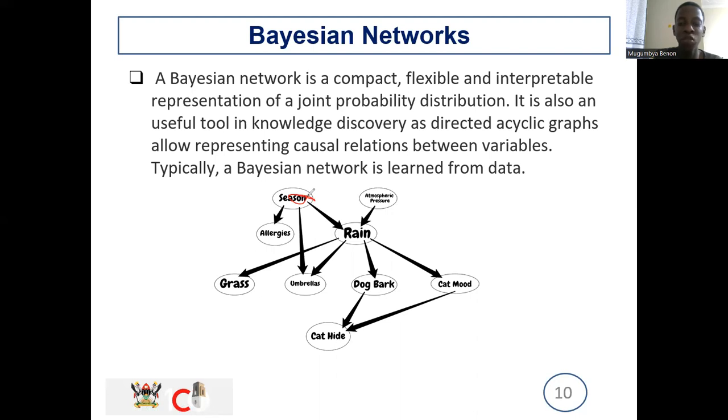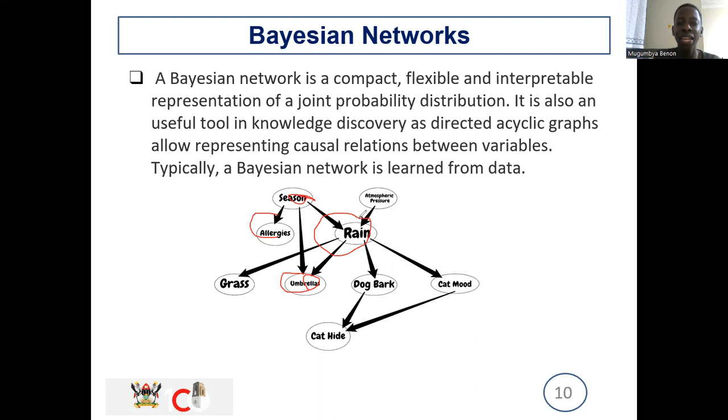So let me say if the season is cold, some people may get allergies. Umbrellas also depend on the season, because when it's raining, people need umbrellas. Then the season can also determine if you're expecting rain or no rain.